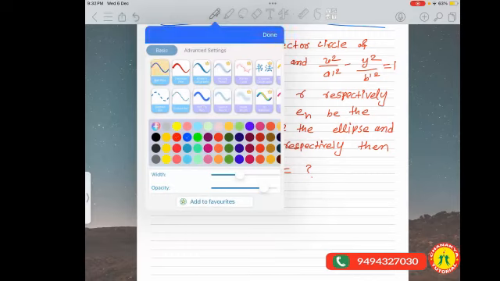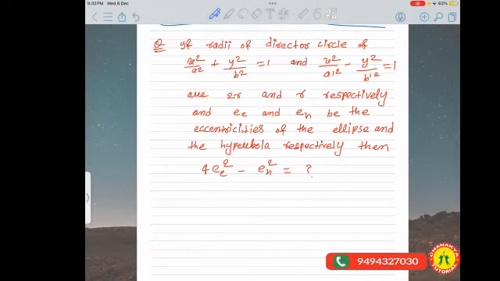Tanishq, you know the Samhita, you know the equation of director circle to the ellipse क्या होता है?